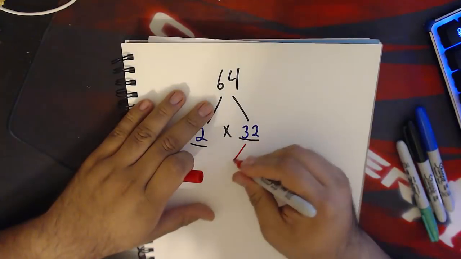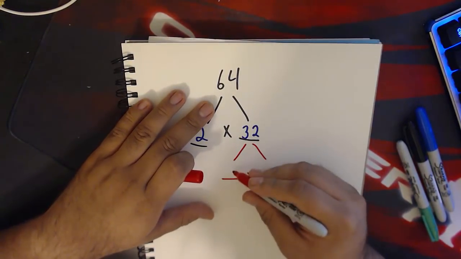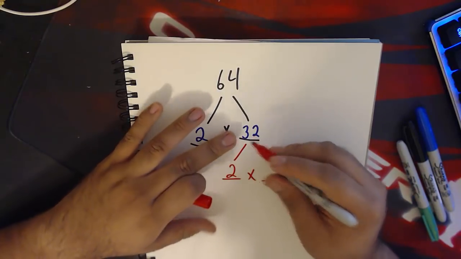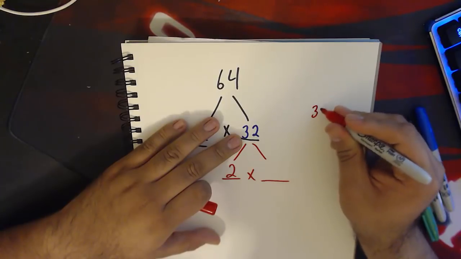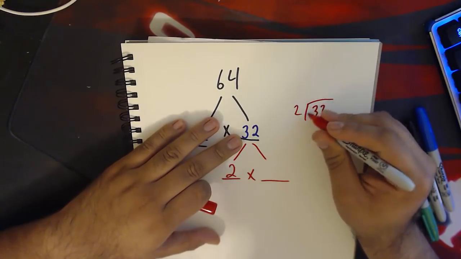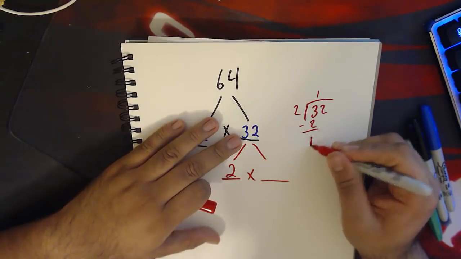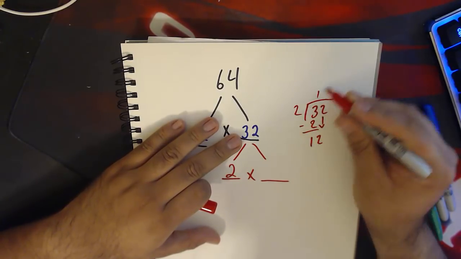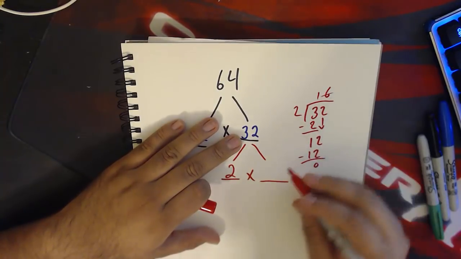We can ride the 2's because there's still an even number. So 2 and half of 32, which is 16. Wait, let me do it by dividing: 2 goes into 3 one time, there's my 2, 3 minus 2 is 1, bring down my 2, 12 is 2 times 6. There we go, so 16.